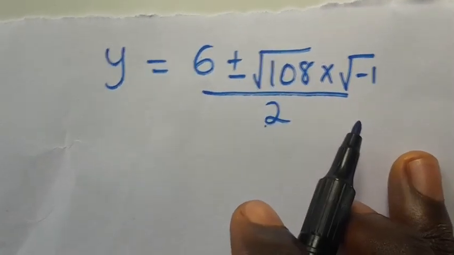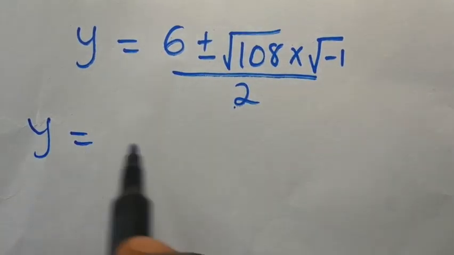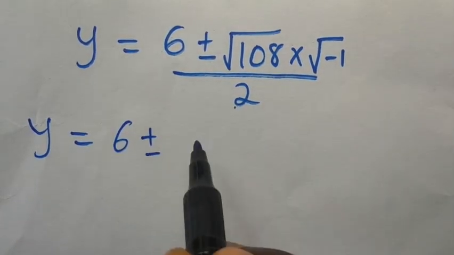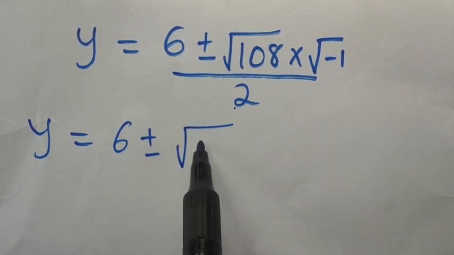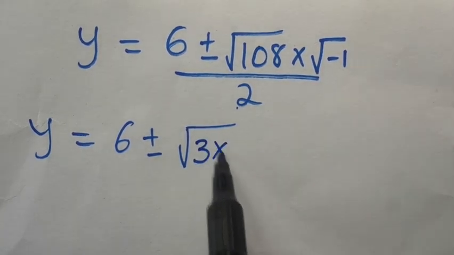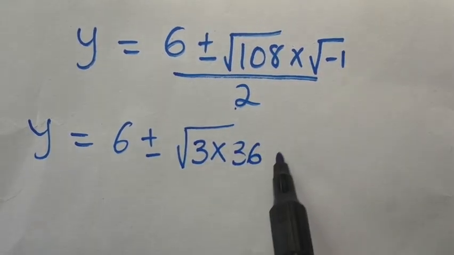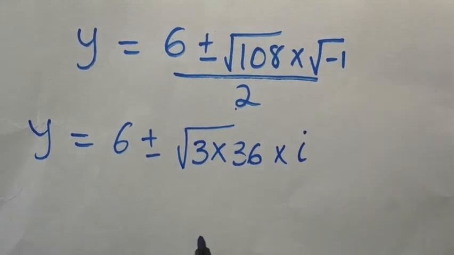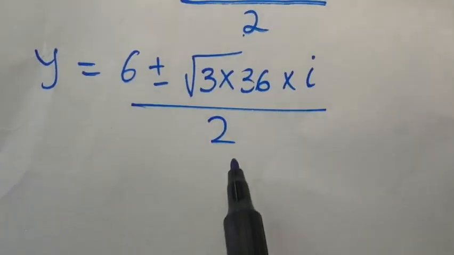So we are going to have y equals 6, positive or negative, root of 3 times 36, which will give us 108, multiplied by i. Root of minus 1 is i in complex numbers, divided by 2.